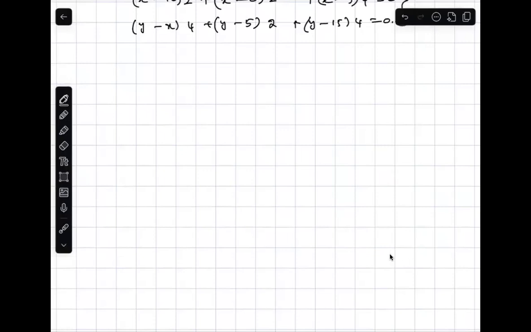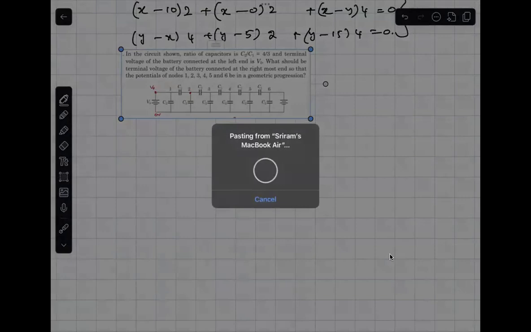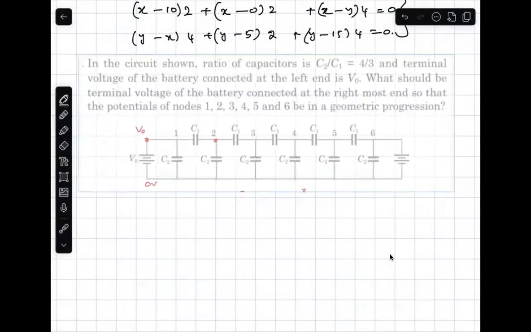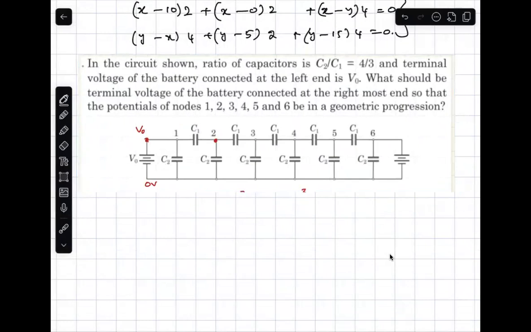Easy question only. Try this. Your skill lies in understanding the question properly.